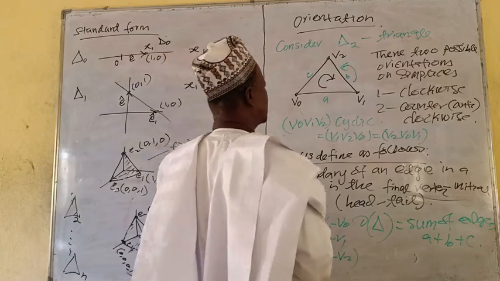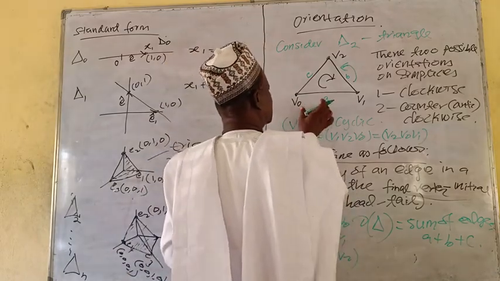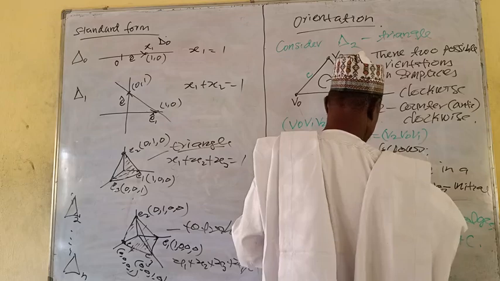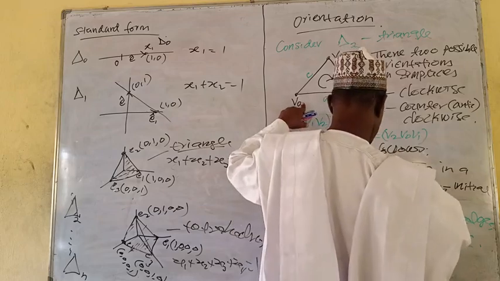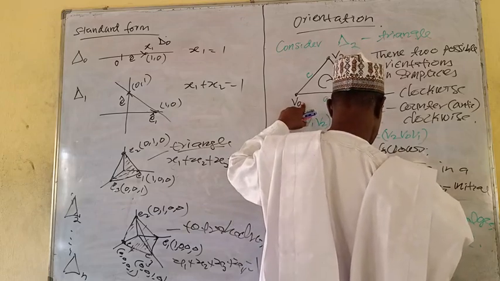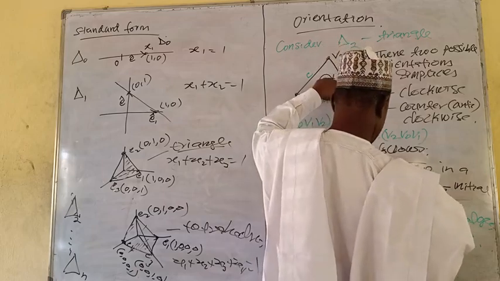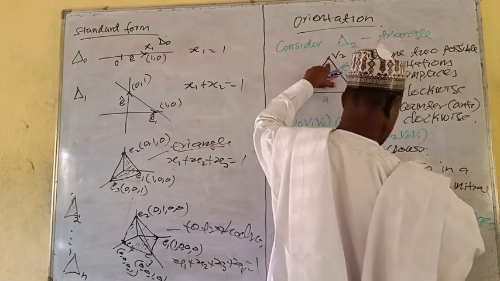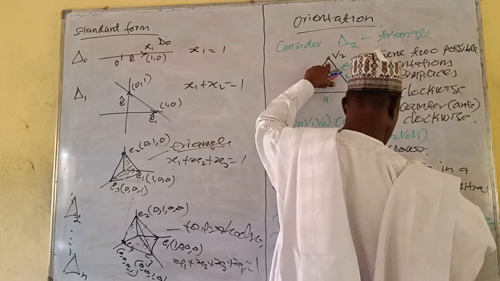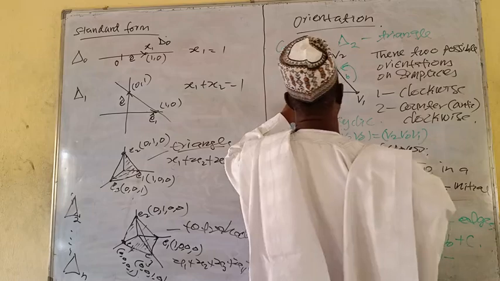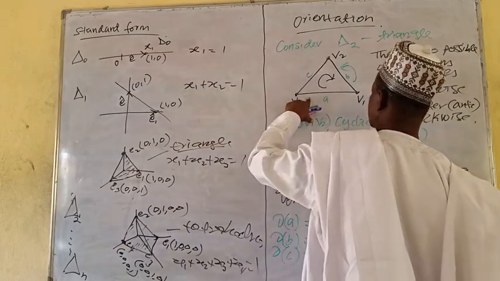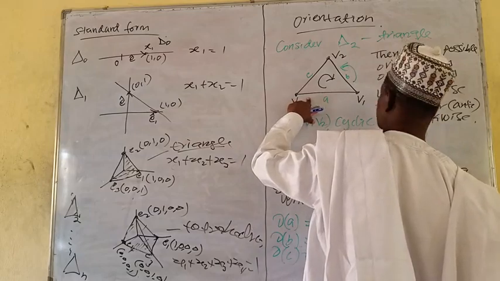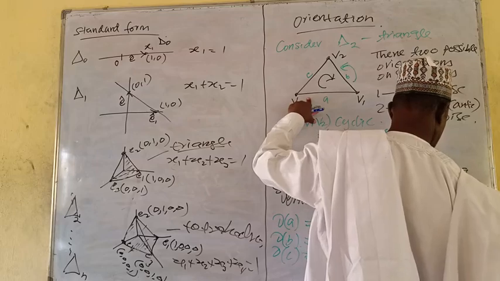So that means I will have it like this: B0B1 plus this edge B1, B2 minus B0, B2.